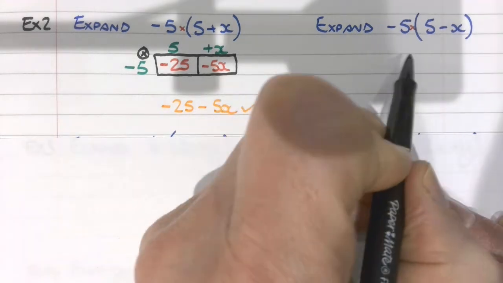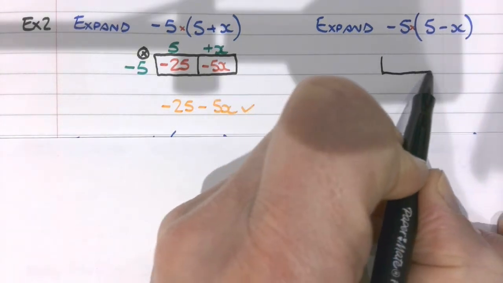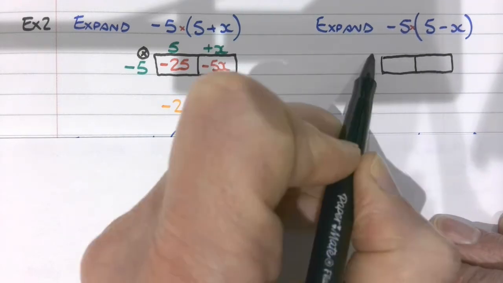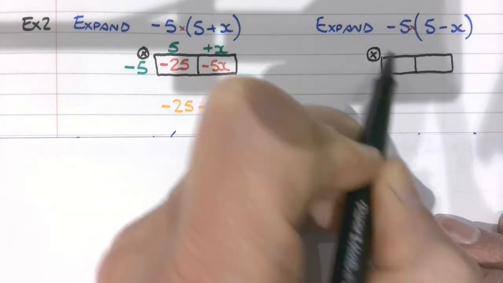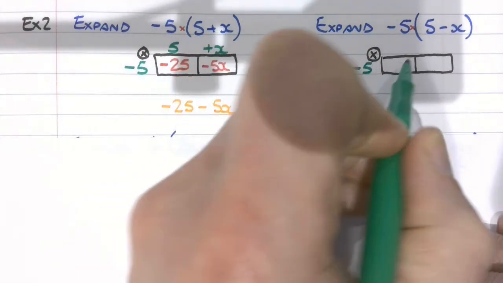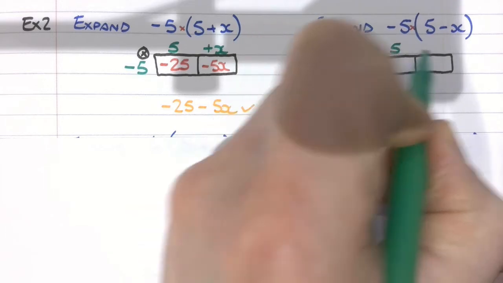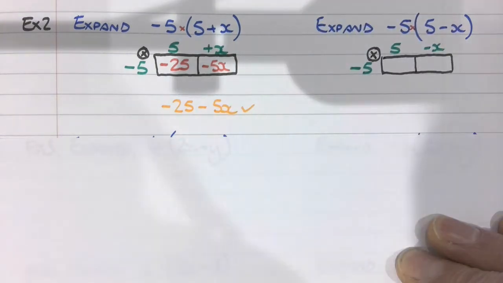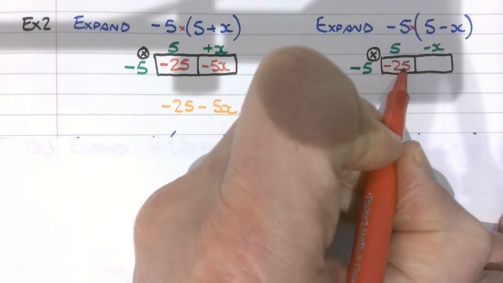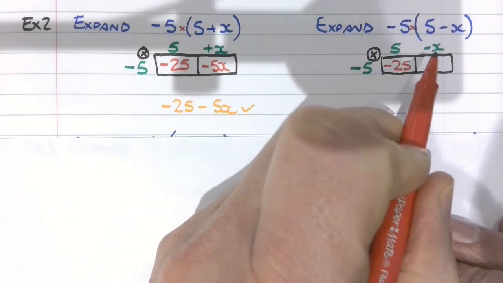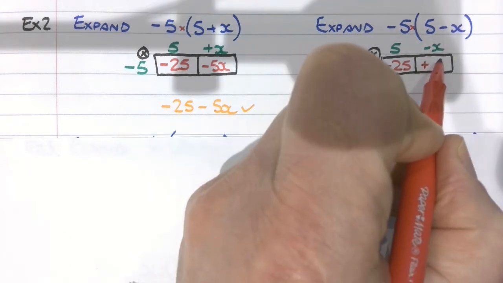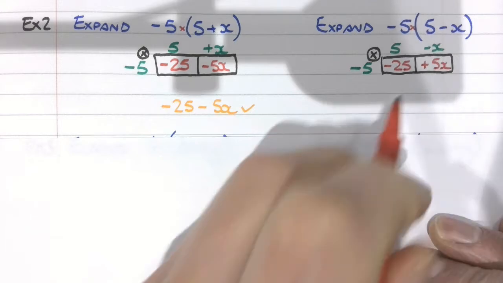Okay, so we need to be a little bit careful on this next one, because we're going to end up with a minus when we're multiplying, and that's going to give us a positive, isn't it? So we write our question down, minus 5 multiplied by 5 take away x. Minus 5 times 5 is minus 25, but minus 5 times minus x is going to give us positive 5x.